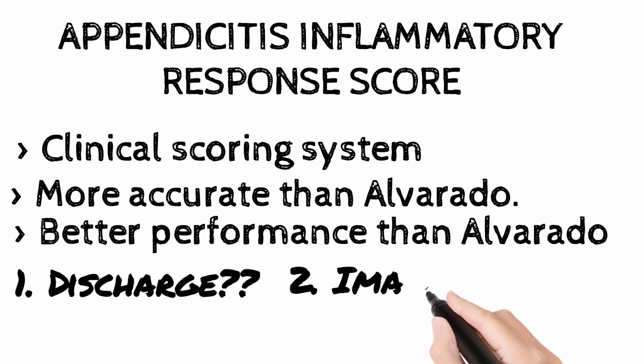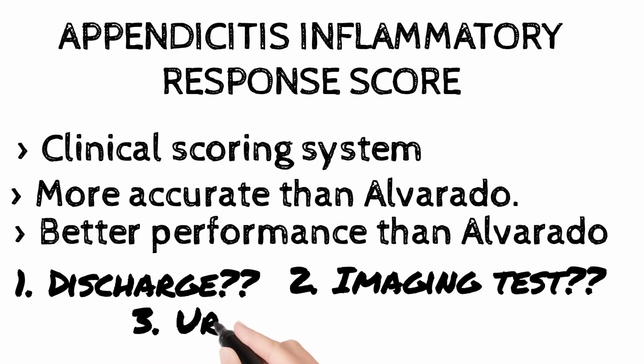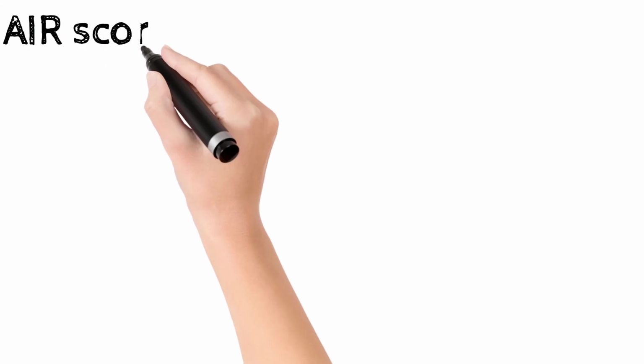Once a score has been calculated for a patient, the clinician can then decide on three things: whether to discharge the patient, whether to perform further imaging tests, or whether the patient needs urgent surgery. So these scoring systems will help the clinician to decide on that.